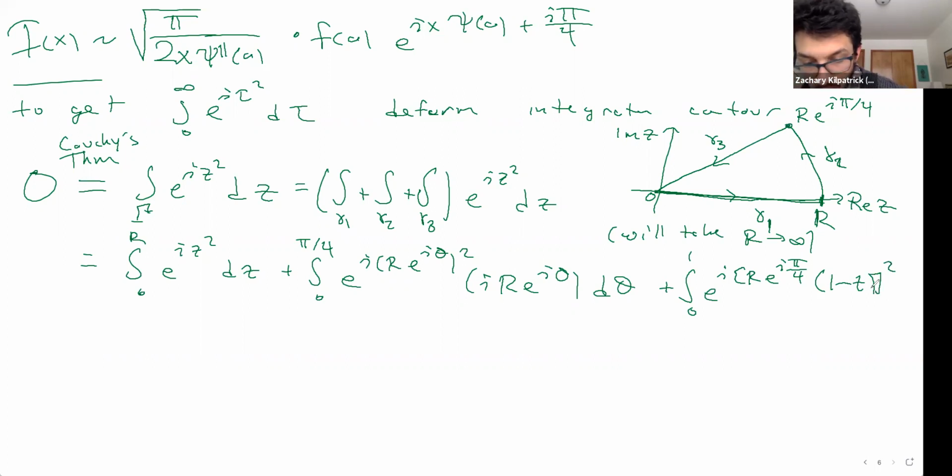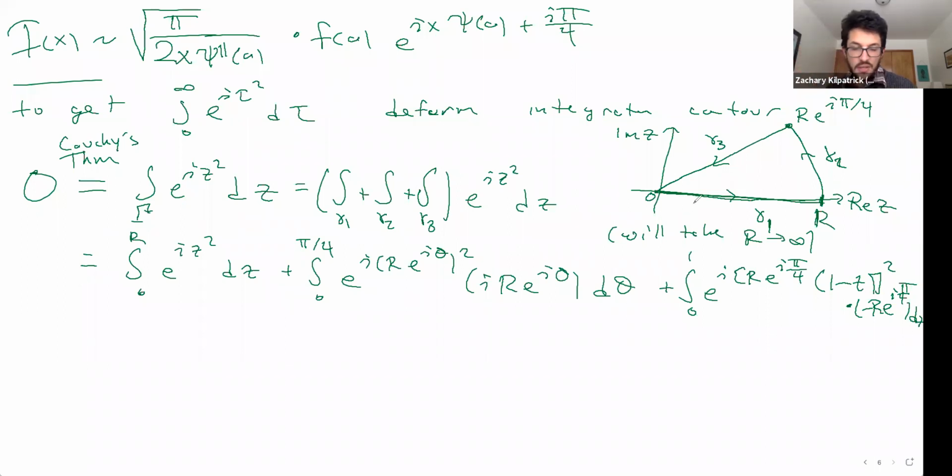And I also have, times, minus r e to the i pi over 4 dt here, because I had to change variables between z and this t parameterized version of this contour. So this is just giving me how I trace from here back to here. This term comes from that change of variables in z.